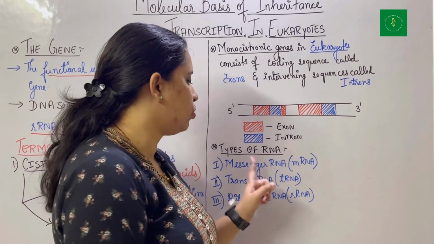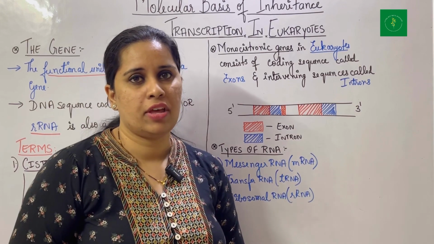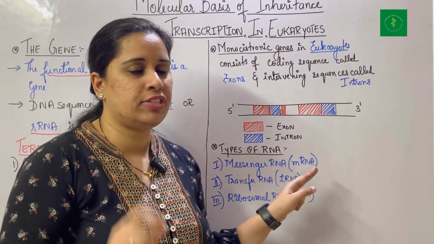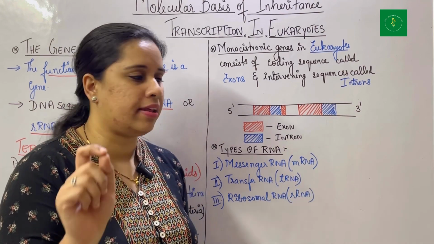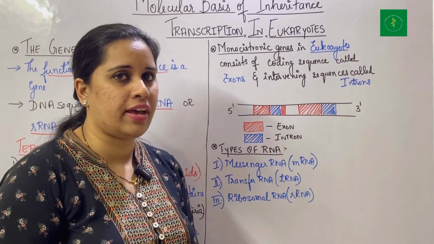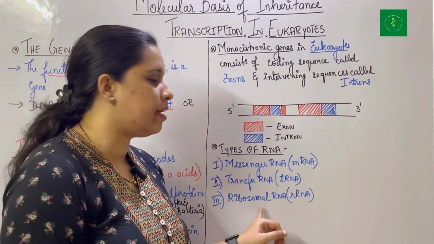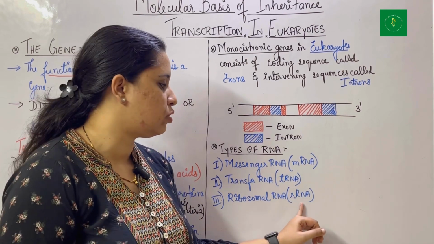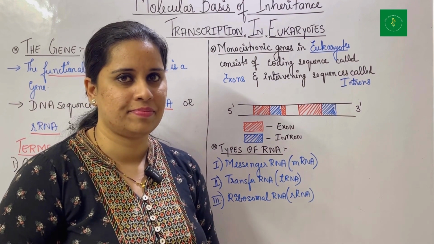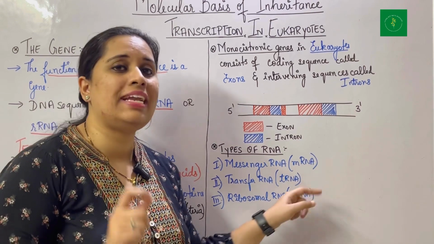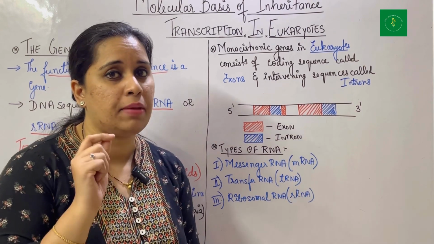Also, we have to know the types of RNA. There are three types of RNA: messenger RNA, which can also be called mRNA; second, transfer RNA, which can also be called tRNA; and third, ribosomal RNA, which can also be called rRNA. The main function of mRNA is that it provides the template to make the protein.